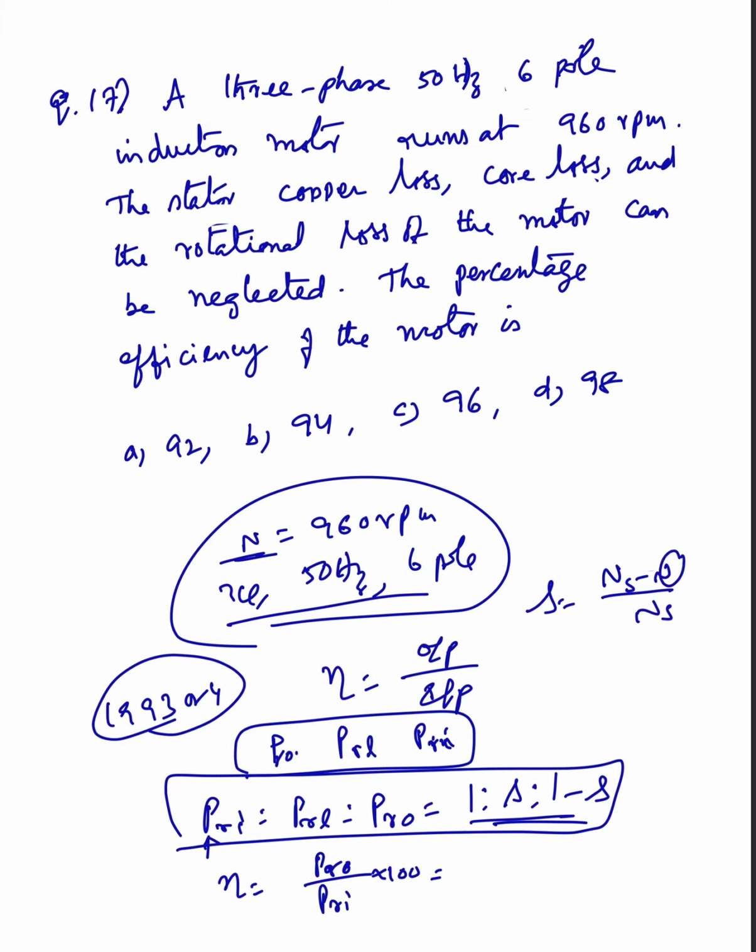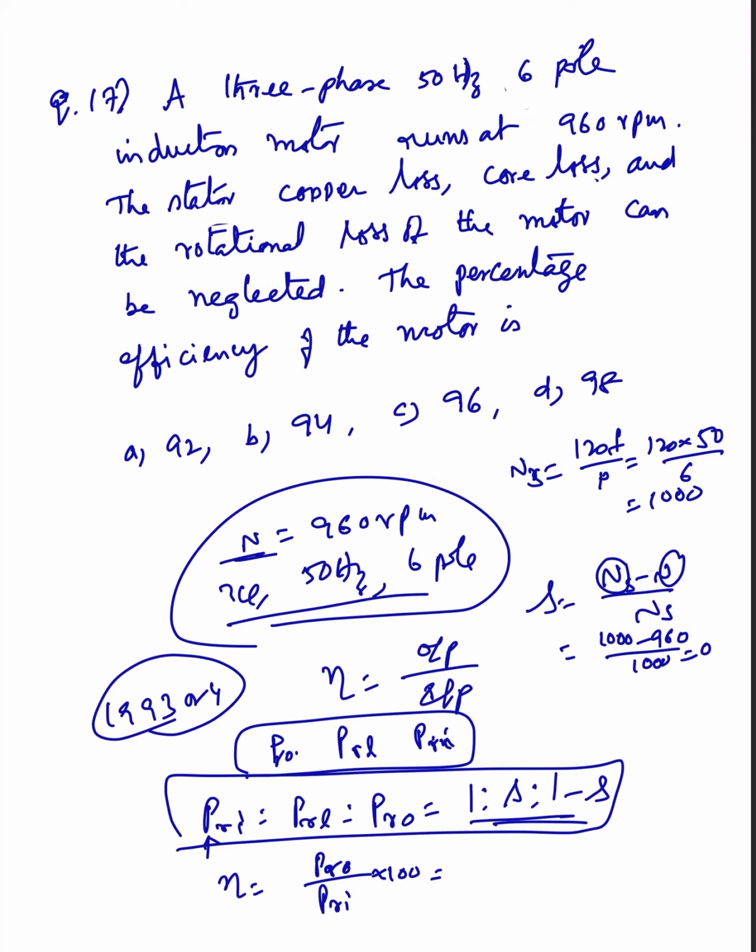N is the normal speed, ns is the synchronous speed. So how can you find the synchronous speed? 120 f by p. 120 f is frequency, p is poles. This is 1000. So what is the slip here? 1000 minus 960 by 1000. So this is the slip.